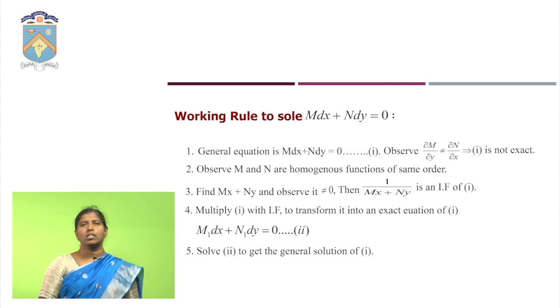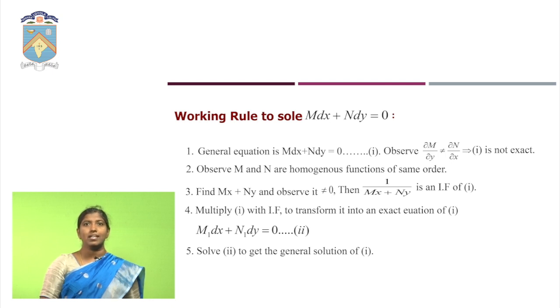So how do you use an integrating factor? Coming to the working rule. Let the given equation be of the form m dx plus n dy is equal to 0. We'll identify m and n, and find ∂m/∂y and also ∂n/∂x. But here ∂m/∂y is not equal to ∂n/∂x. Then we should use an integrating factor. Let us verify whether m and n are homogeneous functions of the same order.